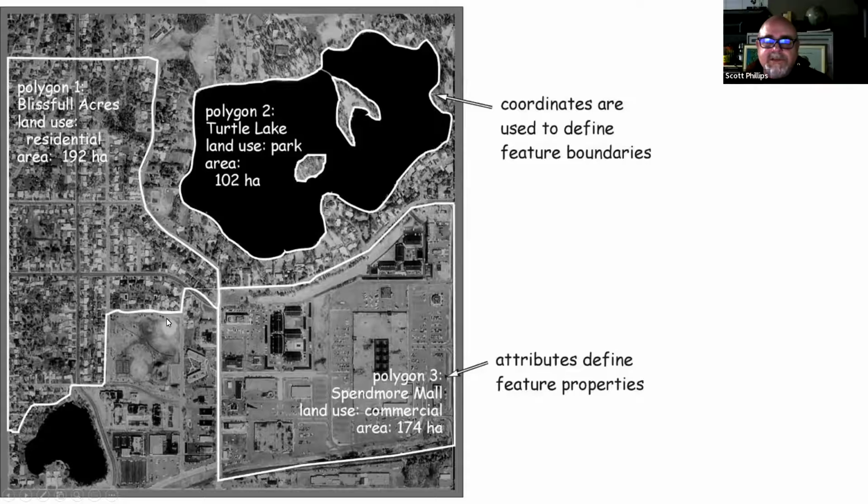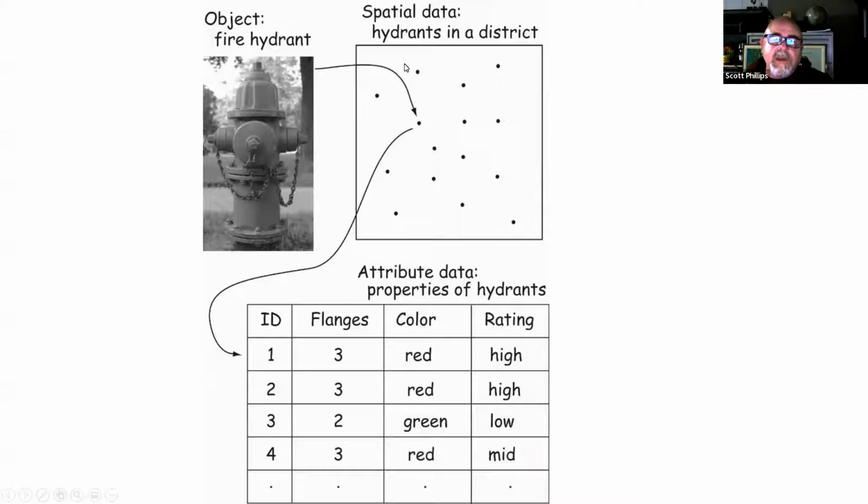Here's some other examples with some imagery underneath. These are a couple of polygons, and we can calculate the area of each one. And these features will be tied to attribute tables. So here we have some points on the map. And for each of these points, there is a database record.